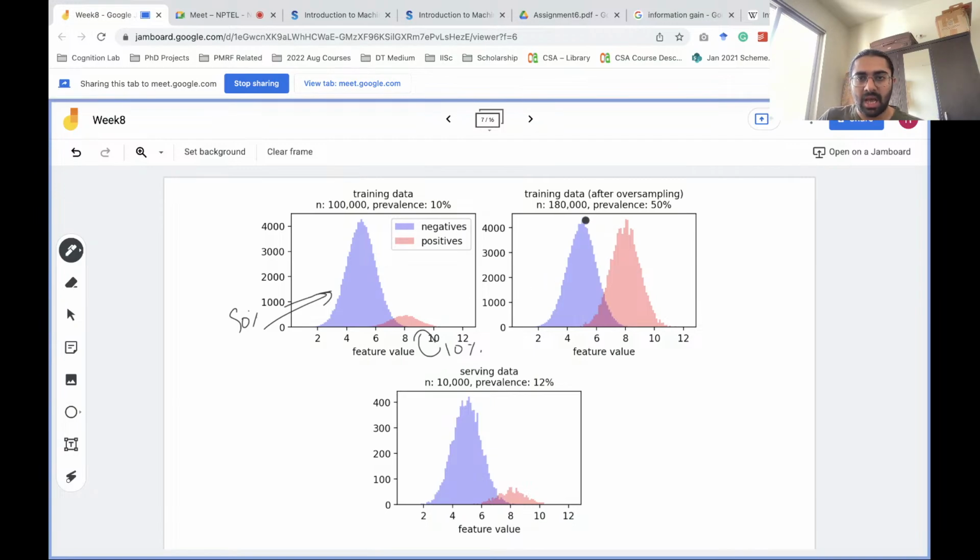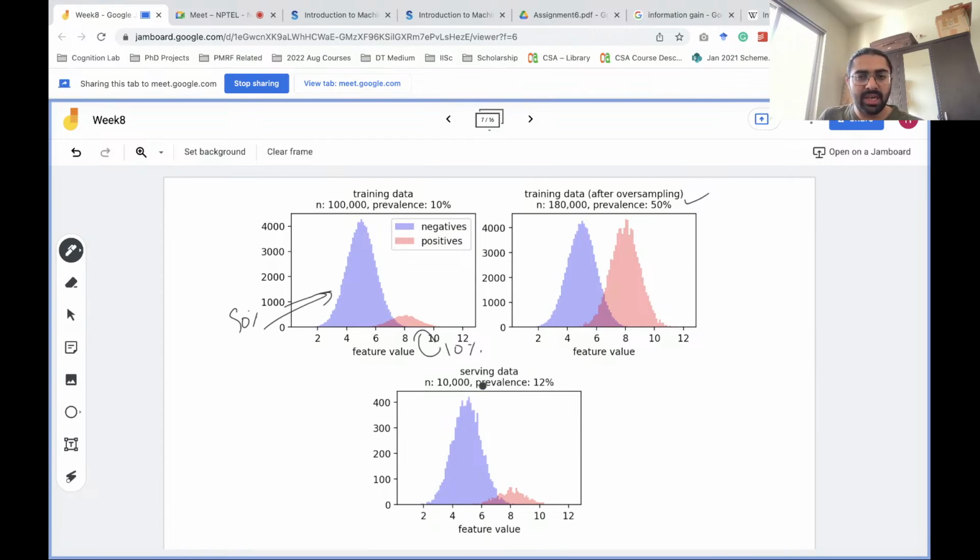Now I'll have 90,000 samples of positive, but all of those are chosen from these only. We're not trying to construct new data here; whatever we have, we're trying to work with that. So I just duplicate these rows in my data set and say, okay, these are also some new samples, and therefore get 50% prevalence, right? So now I have the same number of samples in both the classes.